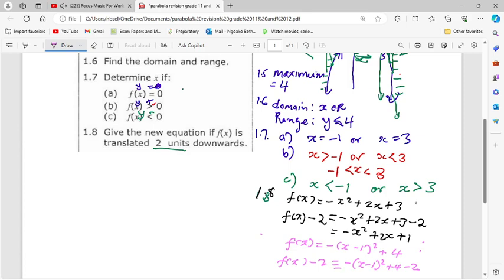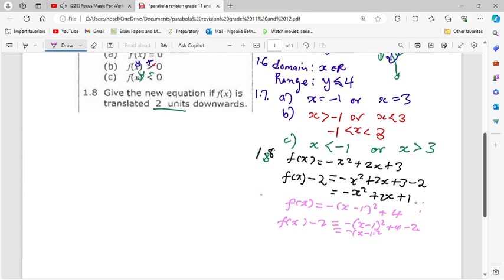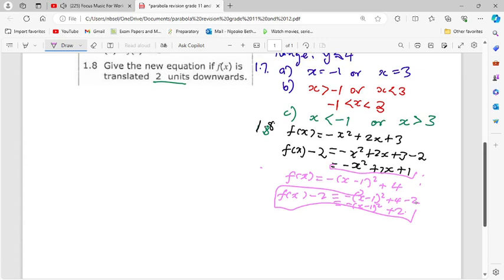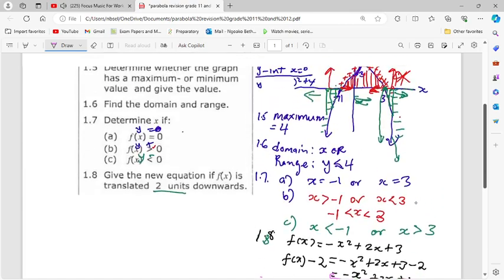So now it will be minus into x minus 1 all squared plus 2 in that case. So this is the turning point form, and this is the other form, the standard form. Right, that will be the end of question C.